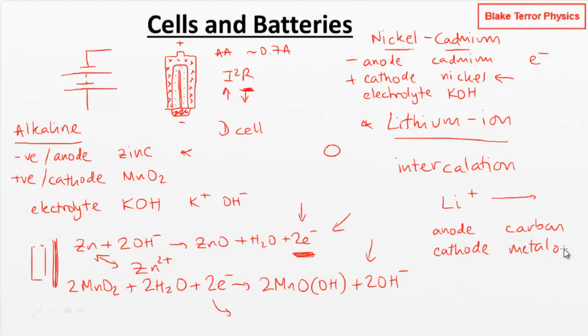This might be lithium with some iron, with some cobalt, with nickel or something else. We've got a metal oxide, like one of these iron, cobalt, nickel. And this lithium can insert inside that oxide, or it can insert inside the carbon structure. So it can slip in and out of the anode and the cathode.